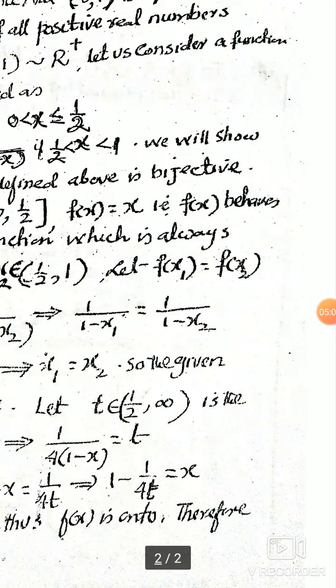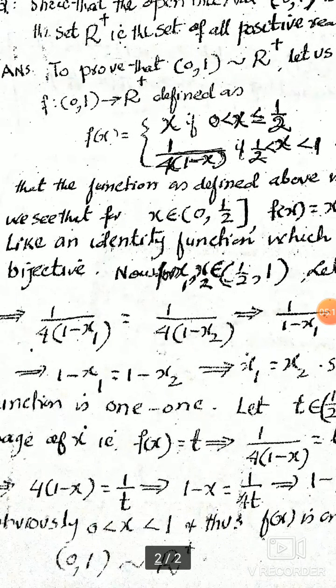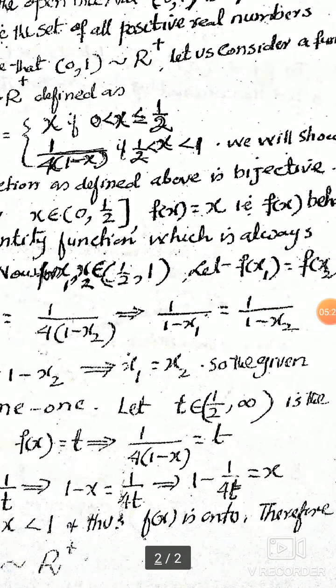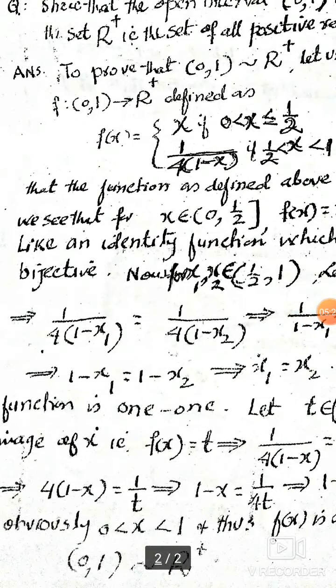This implies that 1/(1 − x1) = 1/(1 − x2). By cross multiplication, 1 − x1 = 1 − x2. The 1's cancel out, multiplying by minus, this implies that x1 = x2. So the given function is one-to-one.